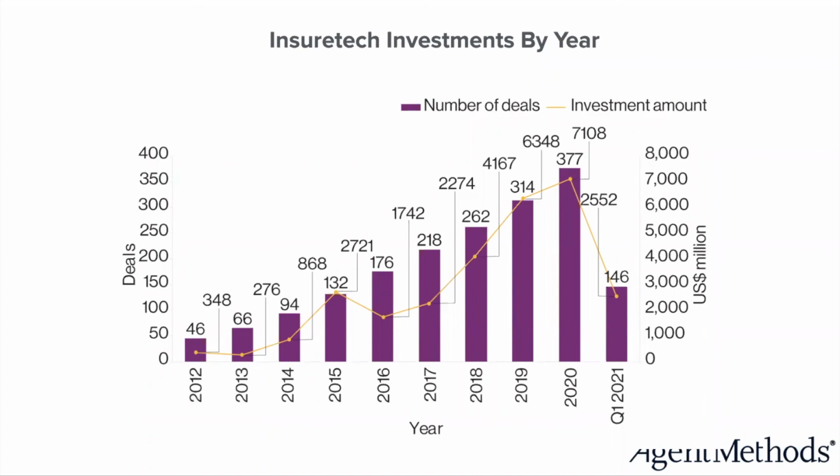It shows the number of deals and investments in insurtech startups by year. And so last year, 2020, we saw $7.1 billion with a B, billion dollars go into the bank accounts of insurtech startups whose goal is to put us out of business.